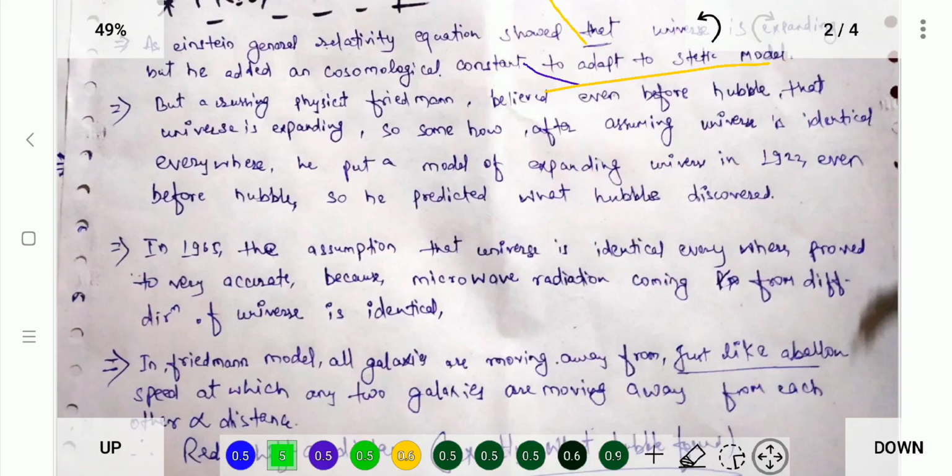And in 1965, the scientists detected that the microwave radiation which is coming from everywhere in the universe is identical. So they concluded that Friedman's assumption is correct, that the universe is identical, because the radiations of wavelengths that particles were emitting were identical.